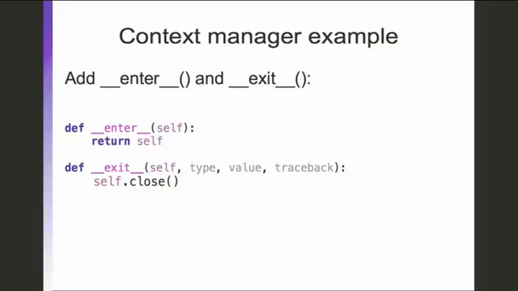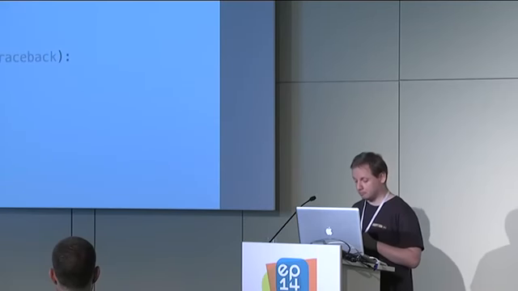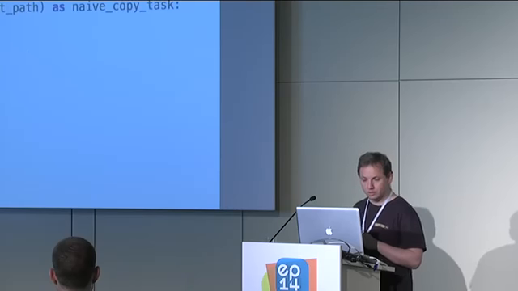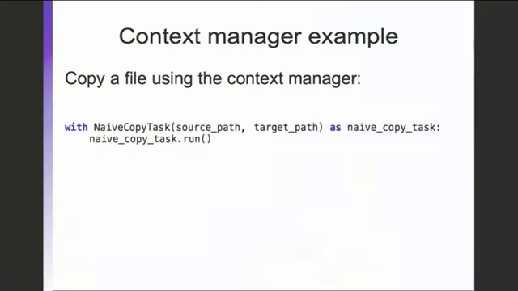The context manager can do a lot of things, but if you just want to use it in a with clause, there's nothing more to it. As soon as you have a close and an initializer that allocates all the resources and the close routine that gives all of them back, that's the context manager. These 4 lines of code. And once you add these, you can use it with the with clause.